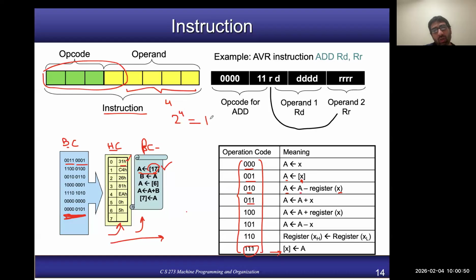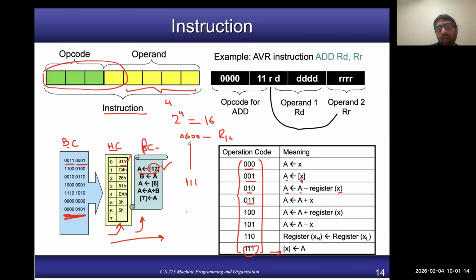So you have 16 different combinations of 4-bit binary, for example from 0000 to 1111. Each combination is used to represent one of those registers, for example you can use this one to represent R16.